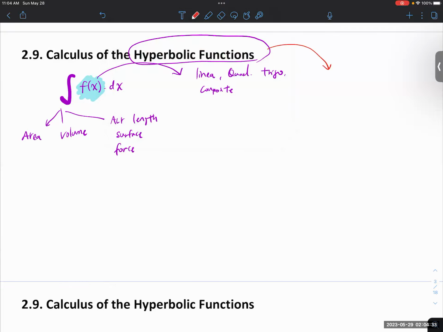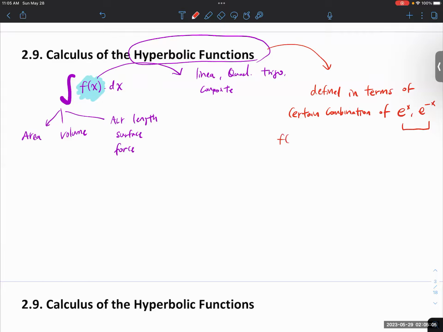The hyperbolic function is a very unique function because it is defined in terms of certain combinations of e to the x and e to the negative x. By combining those functions, e to the x and e to the negative x, we're going to find a couple of hyperbolic functions.